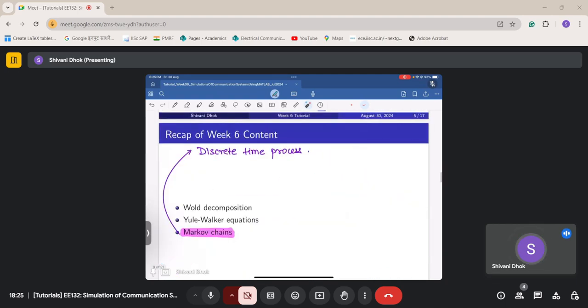So what this Markov process does is, let's say X of n is your Markov chain, and this Markov chain can take values from a state space, let's say S. And this state space S can be finite or can be infinite.